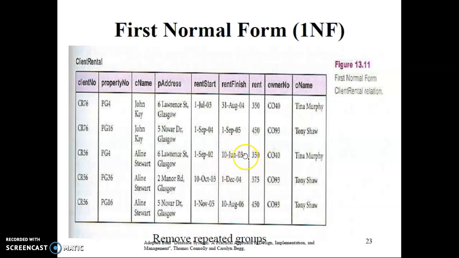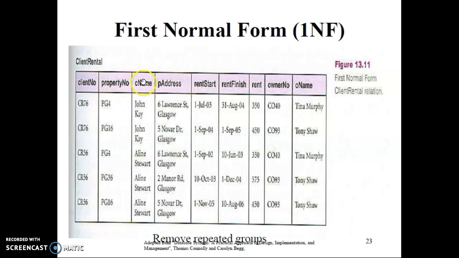Now we have to convert this table into second normal form. And in this table, we have two primary keys, that is client number and property number. We identified them in the first normal form itself.